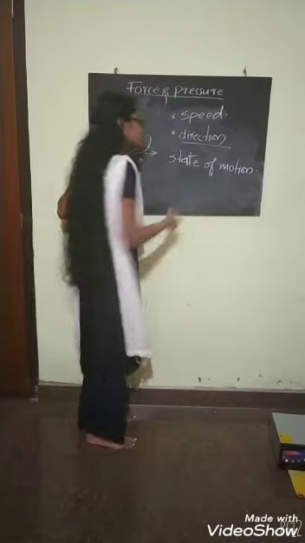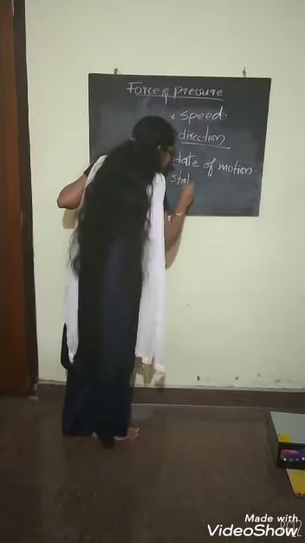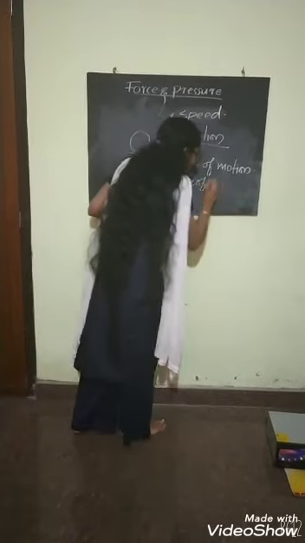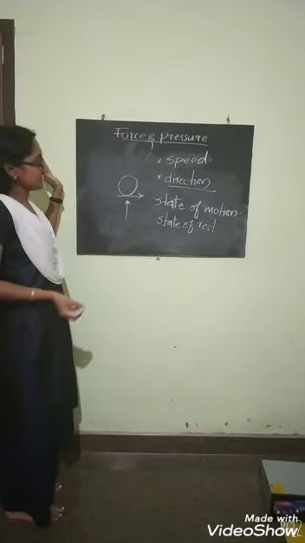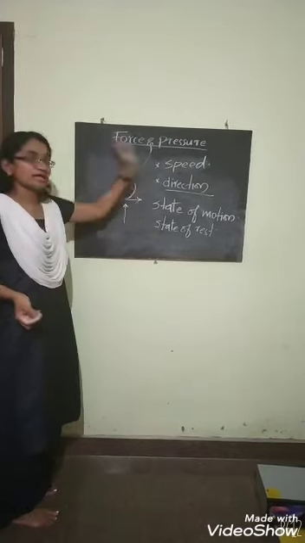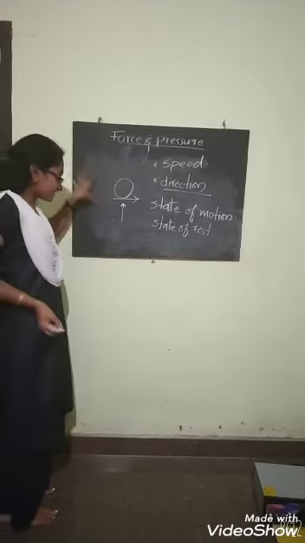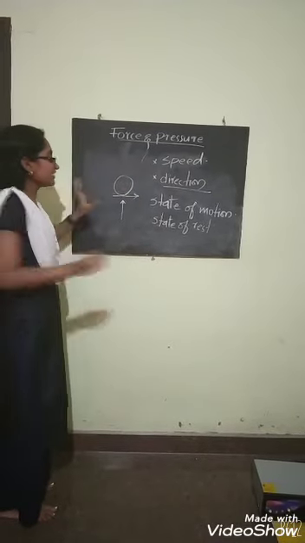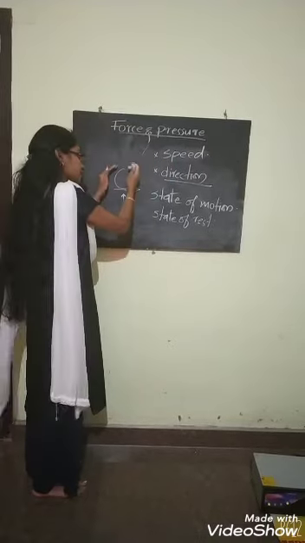State of motion also includes state of rest. That is, when an object is at rest and we apply force, what happens? This ball will move. The rest turns into motion. And when this object is already in motion and I apply force, what happens?